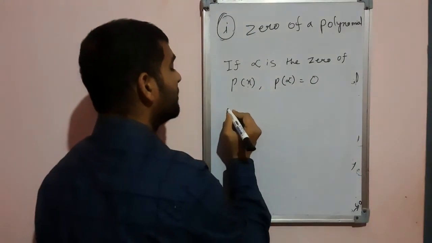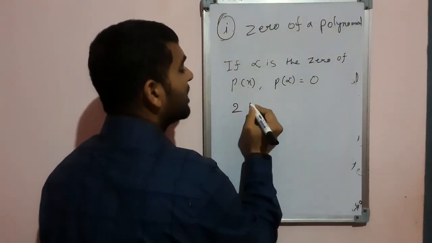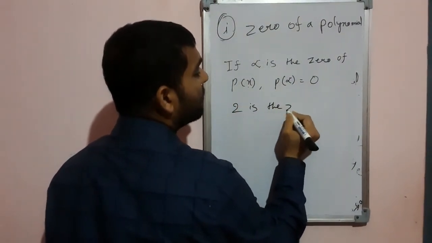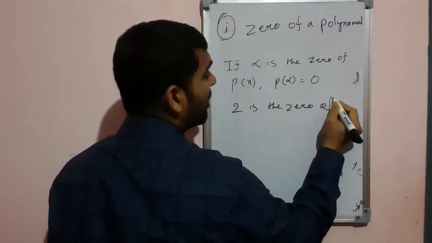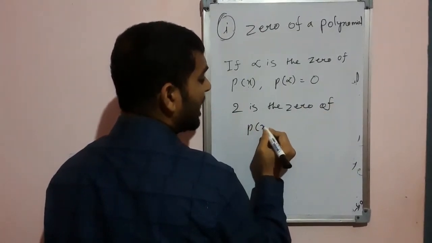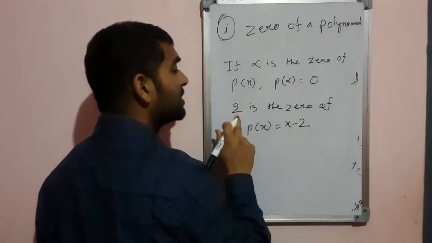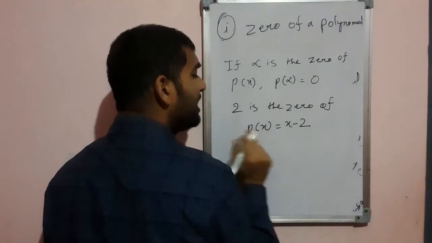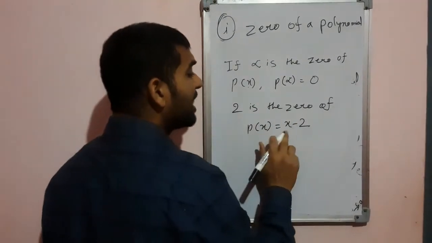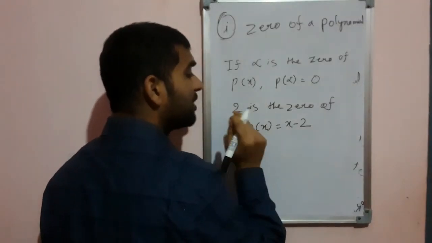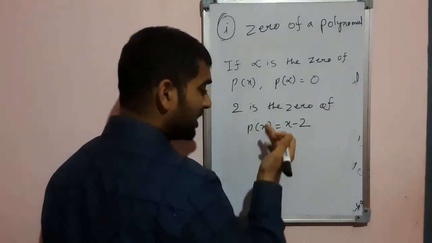For example, if I say 2 is a zero of p(x), where we have x minus 2, what it implies is that when I put 2 in place of x, we must get p(2) equal to 0. Let us see.